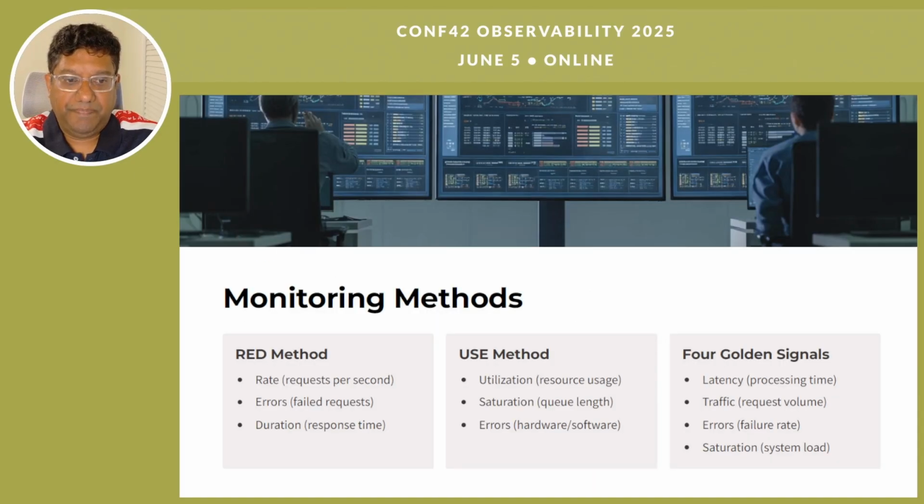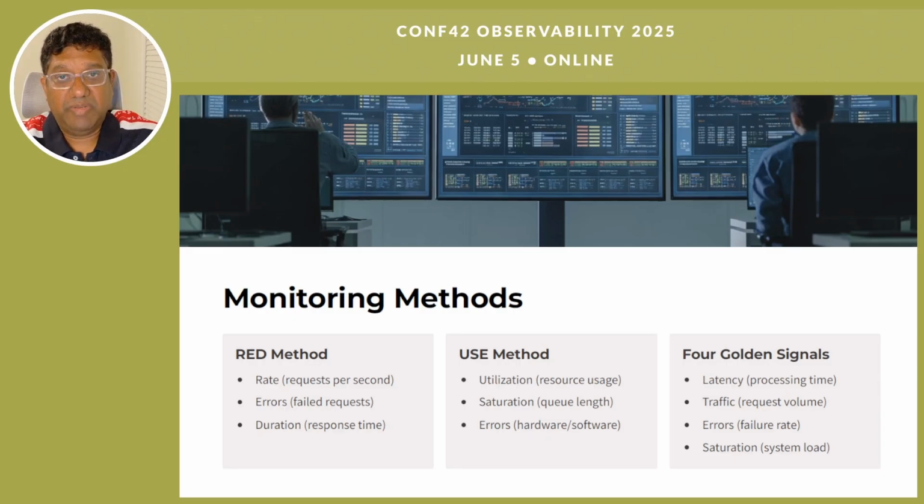Monitoring methods. So we will be collecting different types of telemetry data as we discussed in the previous slide, right? So what type of data are we going to collect? The first one is the RED method. R represents rate, E represents errors, D represents duration.